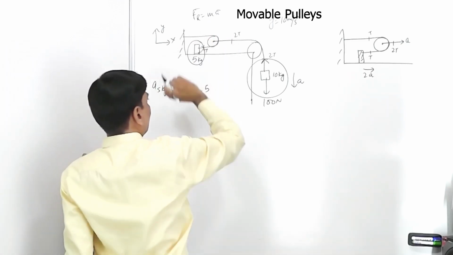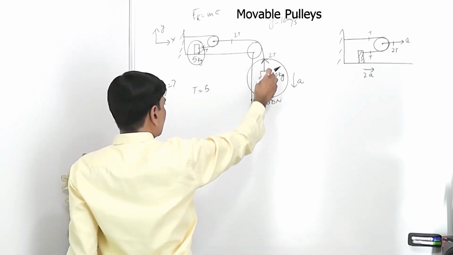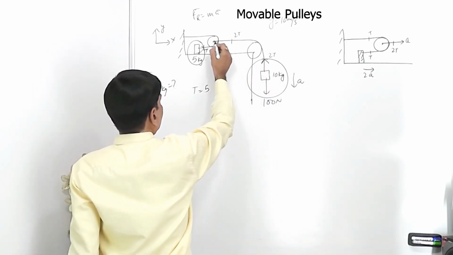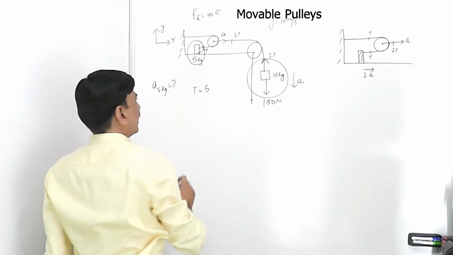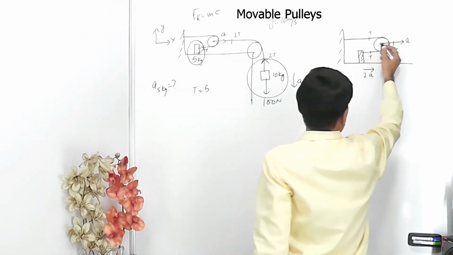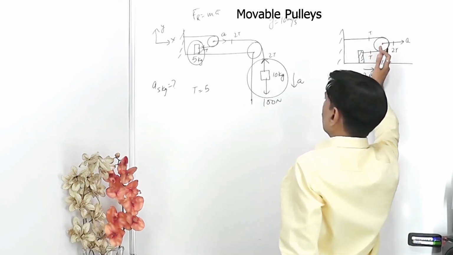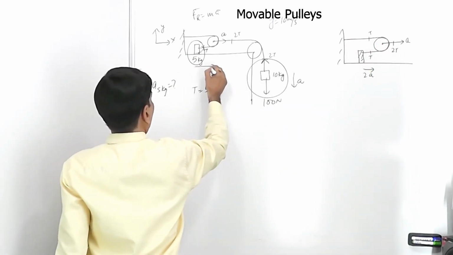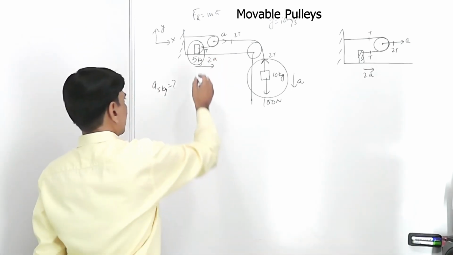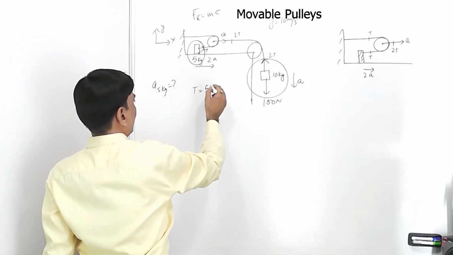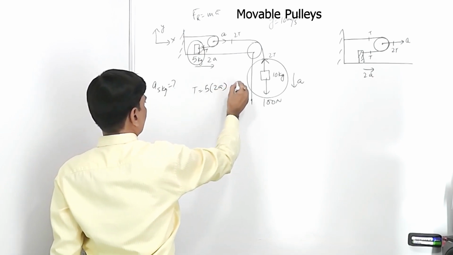Over here we have a pulley. So if this goes down by A, this center will also be pulled with A. If this is pulled with A, and this end is fixed, this will move by 2A. So this block will move by 2A. So the equation for this is T, force, is equal to mass into acceleration, 2A. This is one.